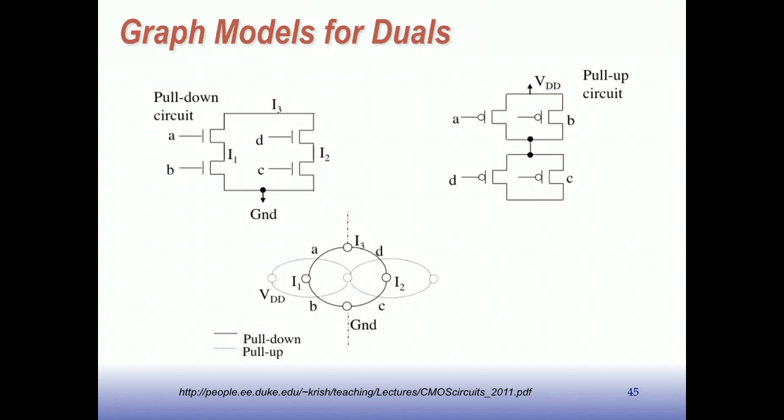And then you connect these nodes together. And when you cross an arc from the original graph, that arc takes on the variable of the arc that it crossed. So this arc here is going to be A, that arc's going to be B, that's going to be D, and that's going to be C. So this new graph shows us that we need to put D and C in parallel with one another, B and A in parallel with one another, and then those two parallel connections are in series with one another.